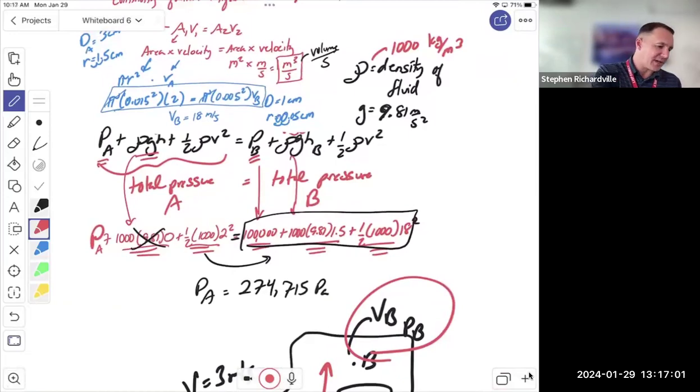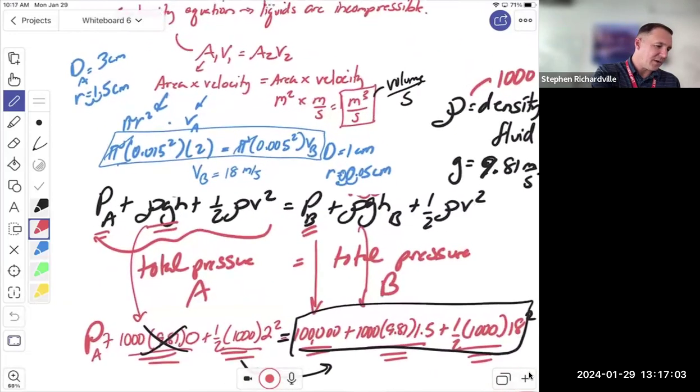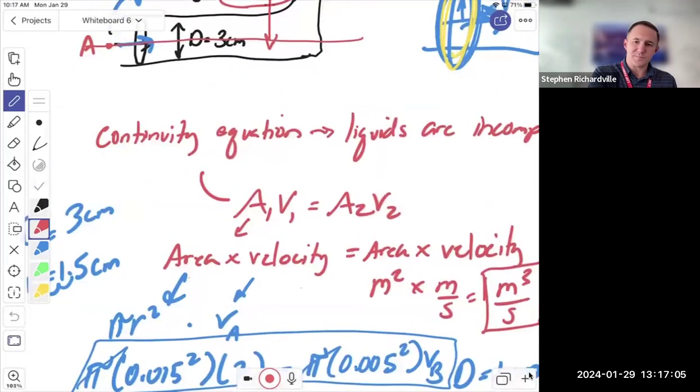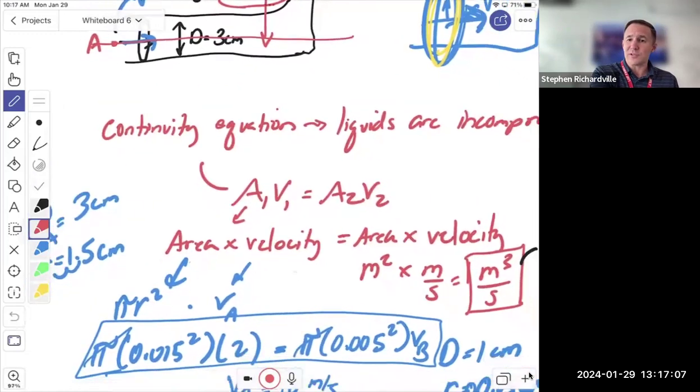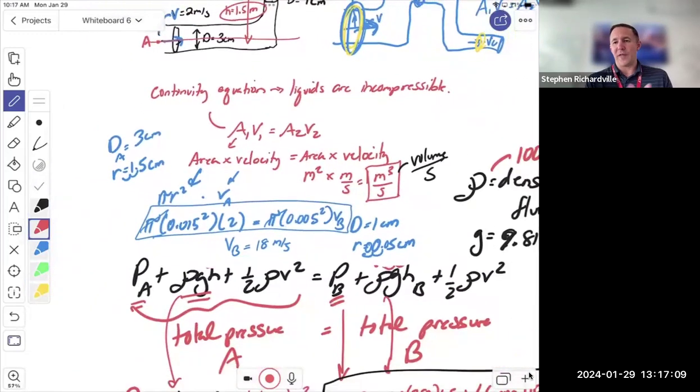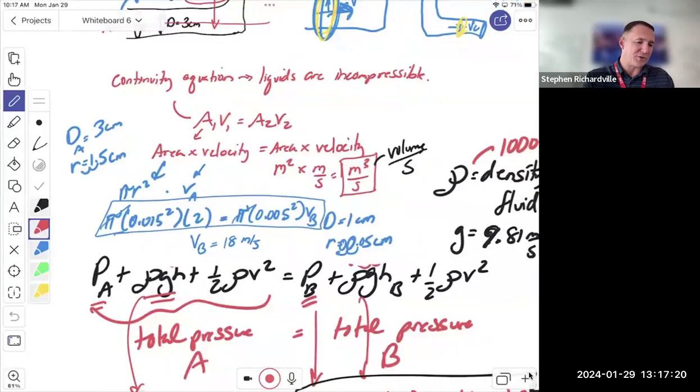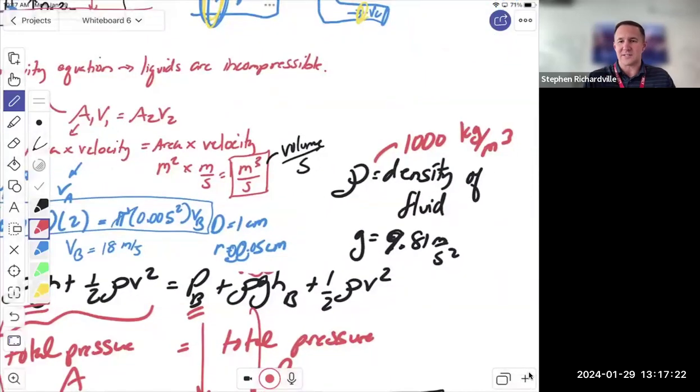For the data sheet for this test, you would get this equation, the continuity equation, those would both be given, as well as densities like 1,000 kilograms per meter cubed for water. The pressure at sea level, 100,000, in case you needed the pressure at open to air at sea level. The acceleration due to gravity, 9.81, all those constants that we used, those would all be given.